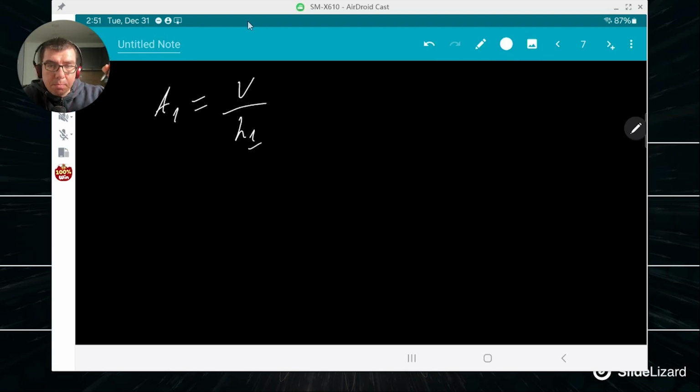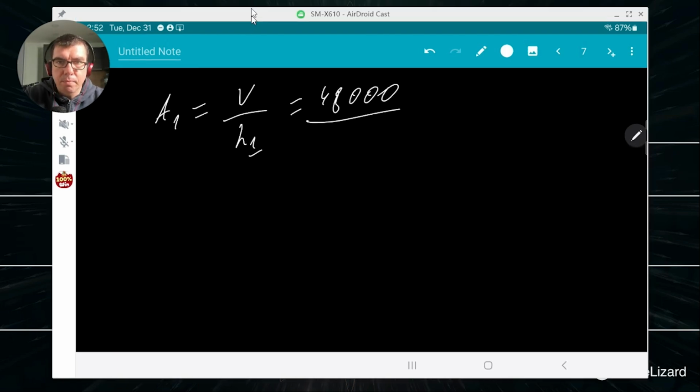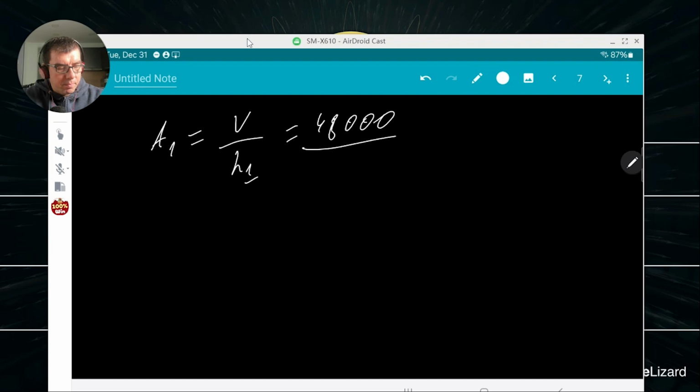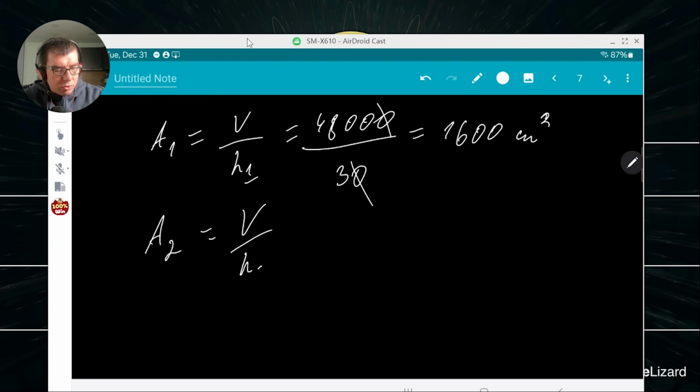The volume is the base times the height, so the base will be volume divided by height. And what were the numbers? 48,000 divided by 30. 10 with 10, 48 divided by 3, 1600 centimeters squared, right?